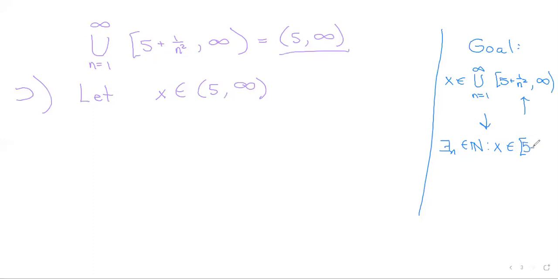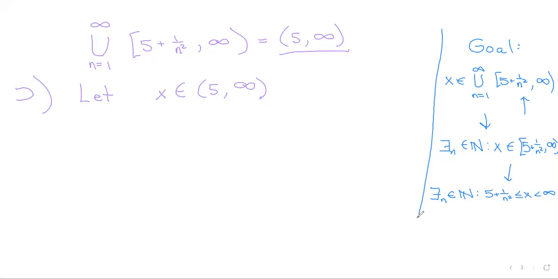So x is in the interval 5 plus 1 over n squared to infinity. And to write that as a comparison with less than or equal signs, it would look like this. So again, x will be between these values.